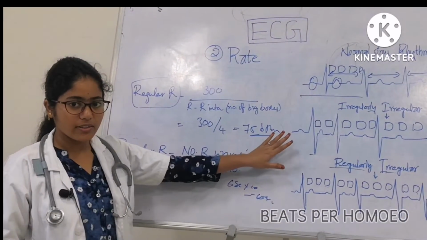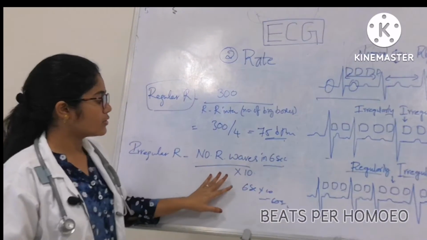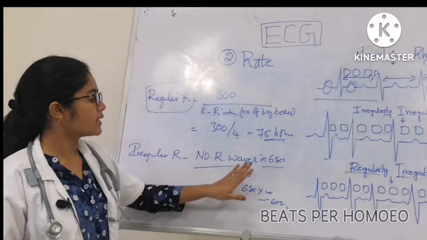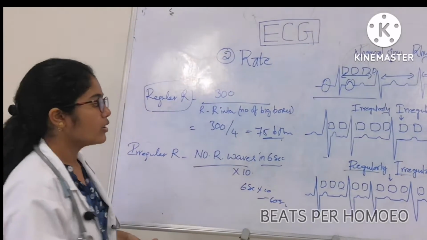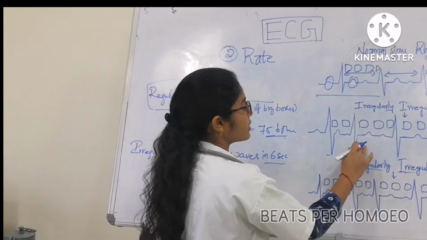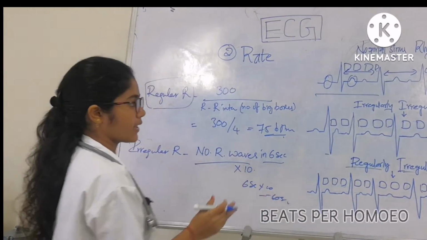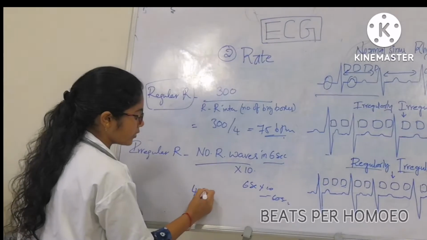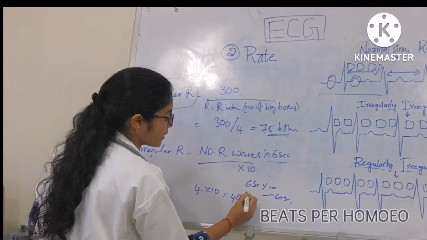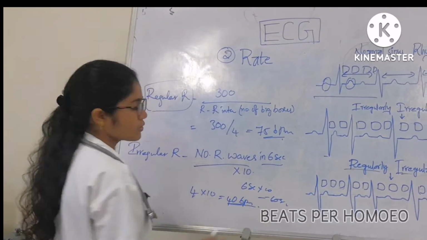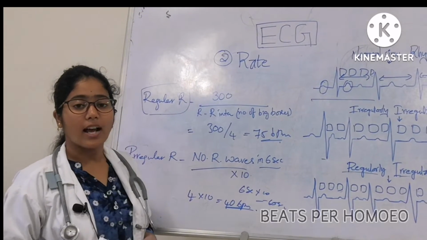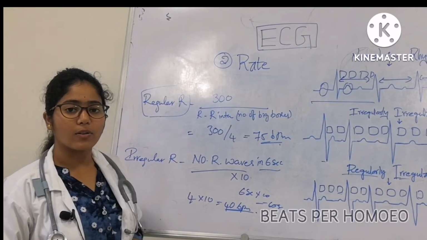Whether it is irregularly irregular or regularly irregular, we use this formula. Here the number of R waves is 1, 2, 3 and 4 in 6 seconds. 4 times 10, so we get 40 beats per minute. This is how we can calculate heart rate from an ECG strip along with the rhythm.